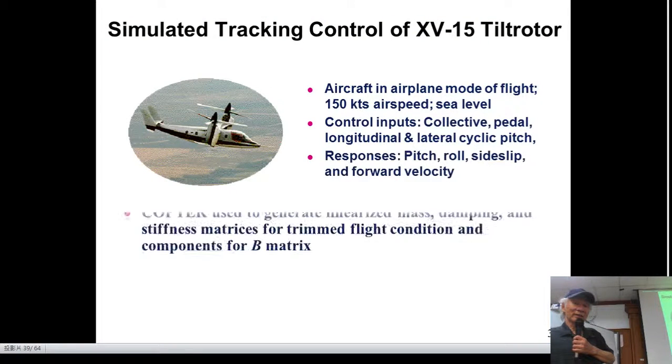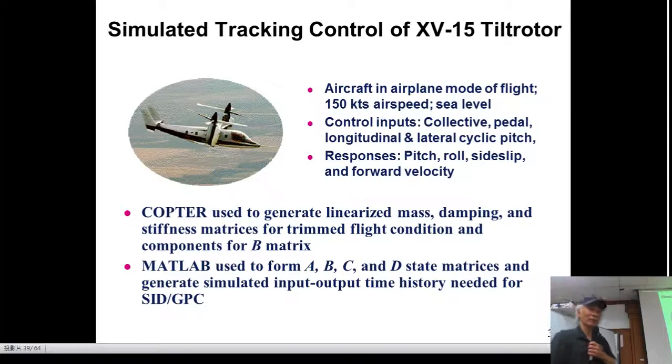Okay, and let us look at this called XV15. You know, XV15 is like a helicopter when you take off. Then as soon as you take off to a certain point, the propeller rotates, so you take off like a helicopter, you fly like an airplane.